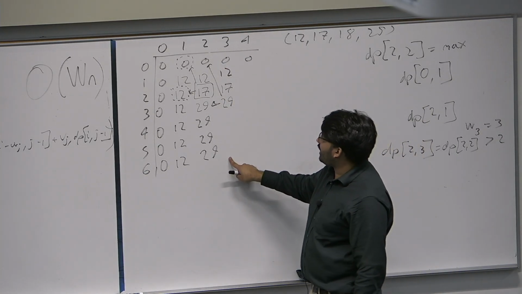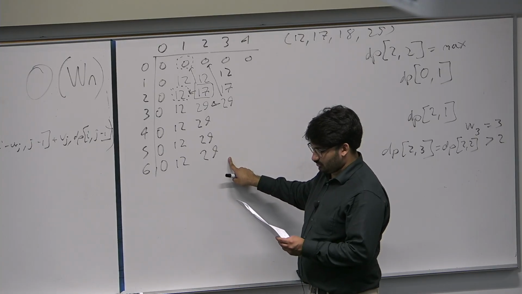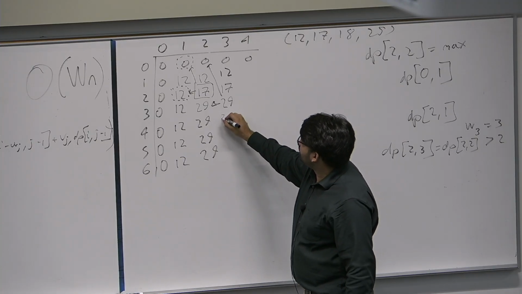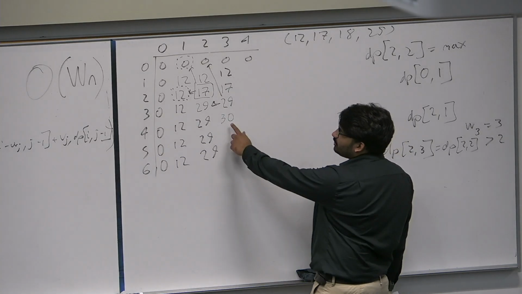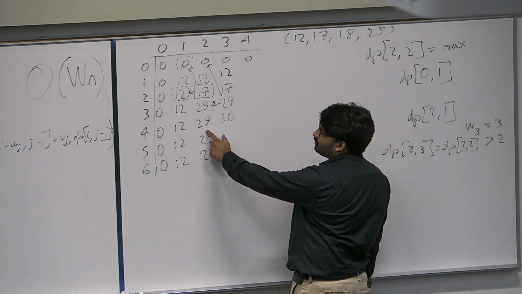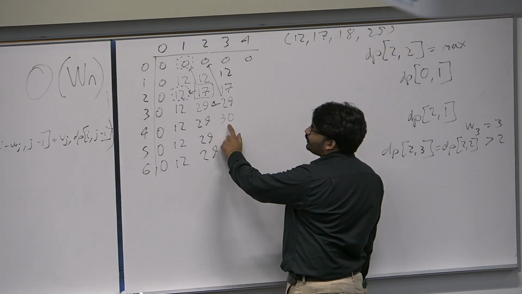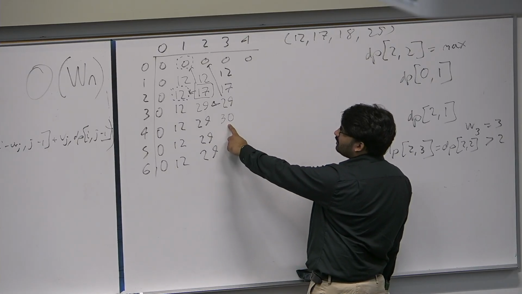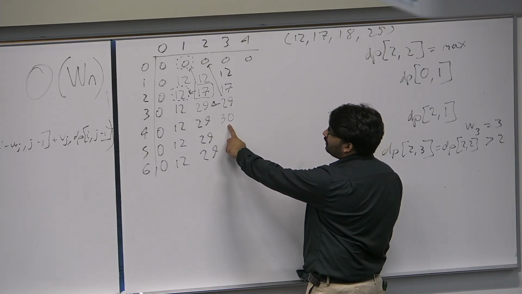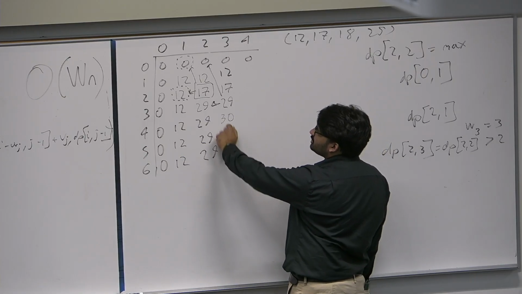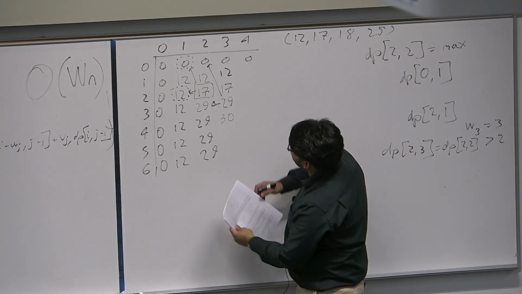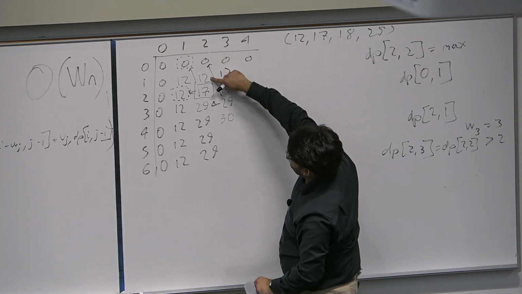As we continue the capacity, does anything change? Yes. This is 30. Why? So we can either choose 29 by not considering item 3, or if we do consider item 3, we are looking at the value of it, which is 18. So it could be 18 plus 12, right? So we either consider this one or 18 plus that one, right?